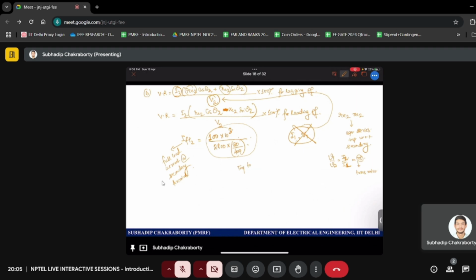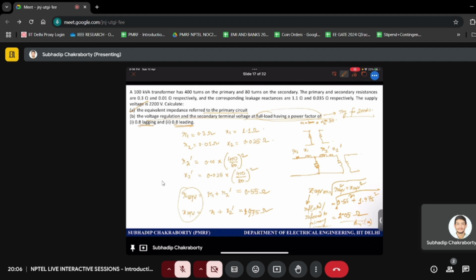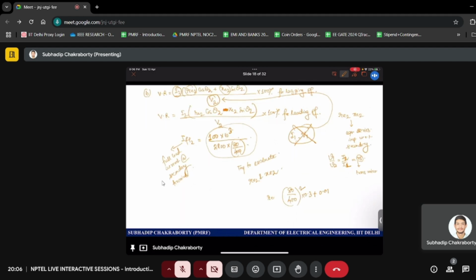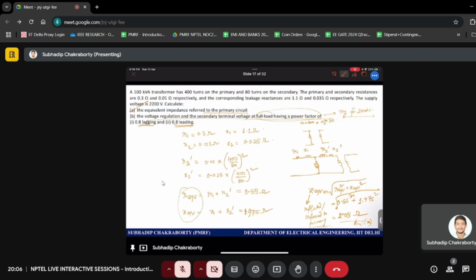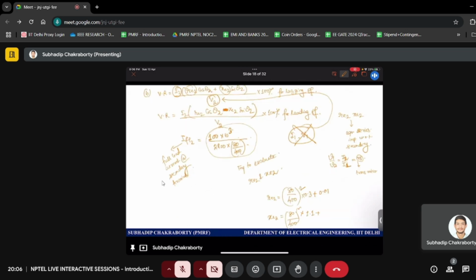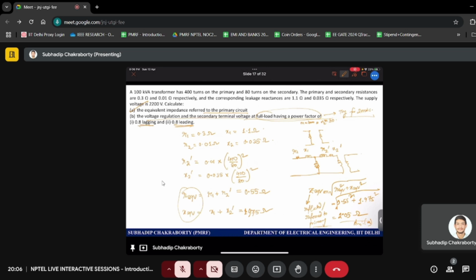So try to evaluate RE2 and XE2. So it will be 80 by 400 whole square times your primary plus secondary, it is 0.01 is RE2, and XE2 will be similarly the primary one 1.1, and then you add the secondary 0.035, right?